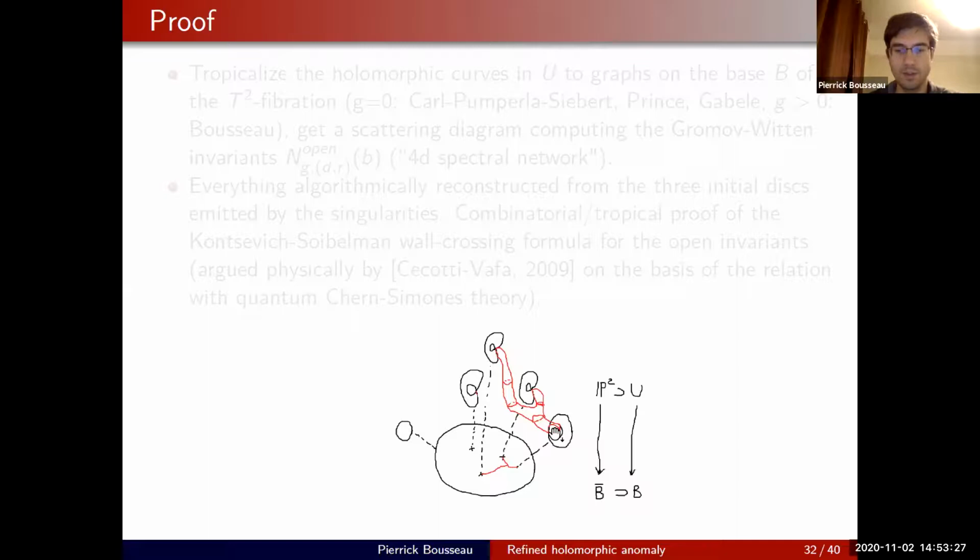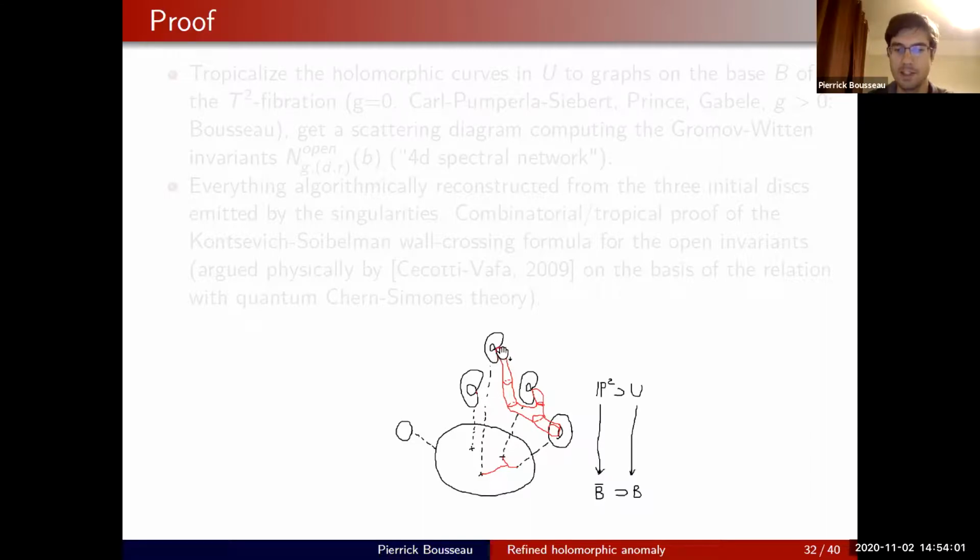So maybe I start with the holomorphic curve side. So you count open holomorphic curves in a T2 fibration. You can just look at some kind of projection of this holomorphic curve on the base. And in some appropriate limit, or tropical limit, this kind of curve will become some kind of tree on the base. And here the picture you should have in mind is that each of these 3 singular fibers somehow creates one holomorphic disk.